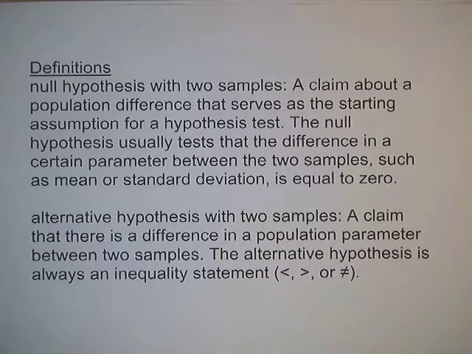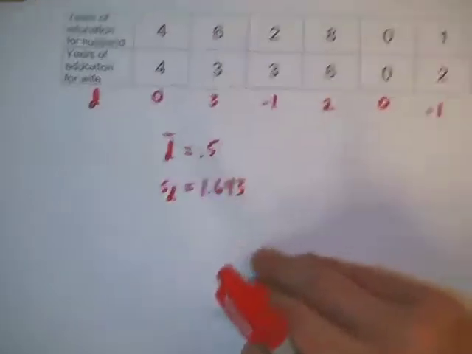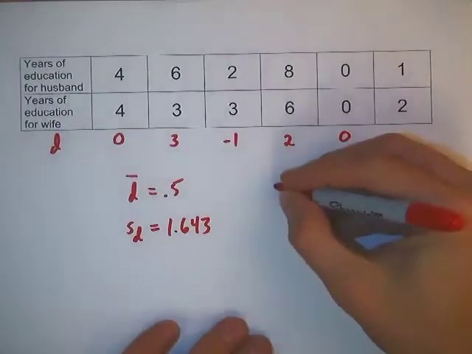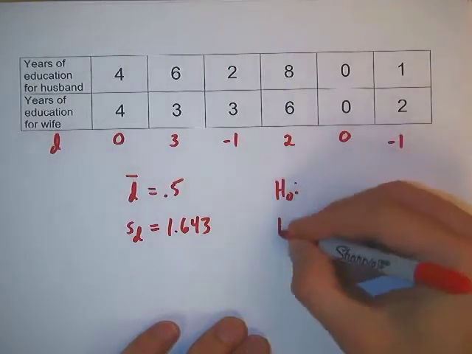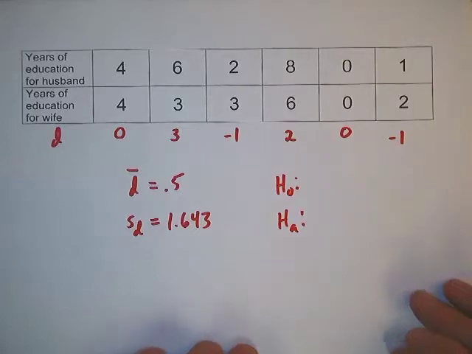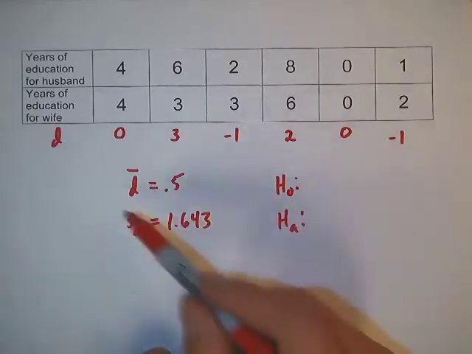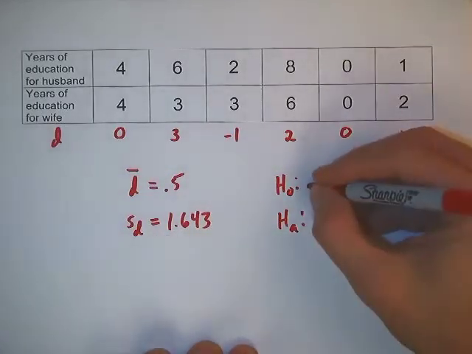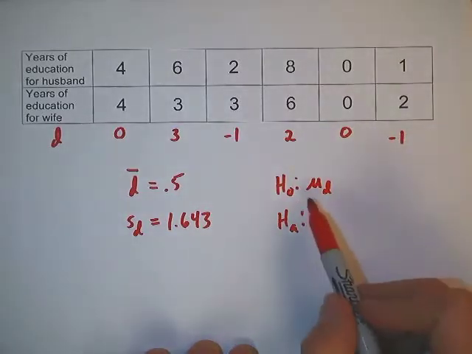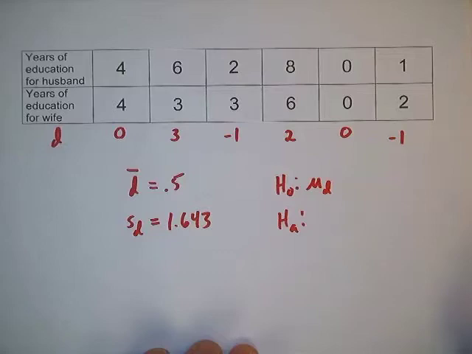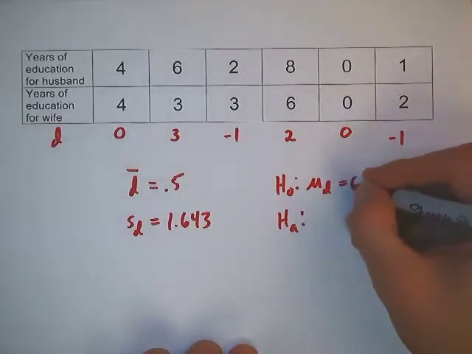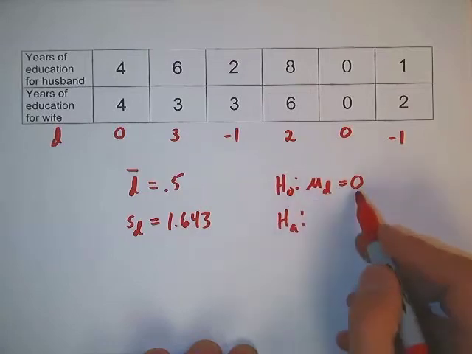If I were to go back and write some hypotheses for this example, I'd need a null and an alternative. For my null hypothesis, if I'm looking at the average difference, my parameter there, I'm going to notate it as mu sub d, the expected difference. I'm going to assume that the expected difference is 0.